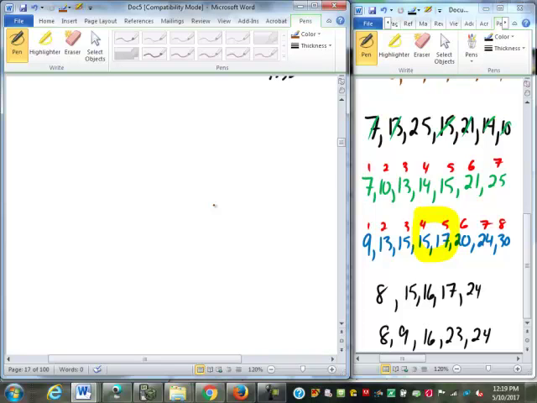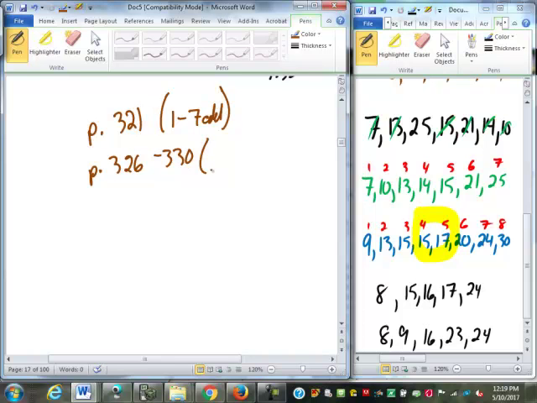But for now, in the book, there's page 321, 1 through 7, the odds, dealing with some of the graphs. Page 326 through 330, and we've already done some of the graphs in the last unit. 1 through 10 is dealing with some of the vocabulary and the charts a little bit more.